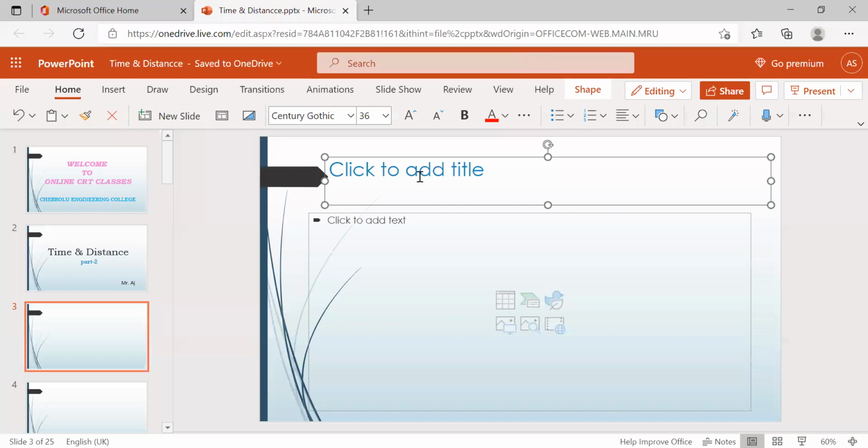Here is your first question. A car traveling at a speed of 40 kilometers per hour can complete a journey in 9 hours.